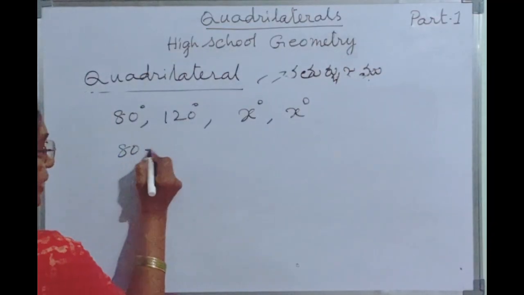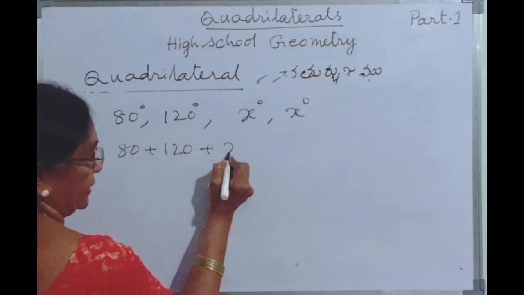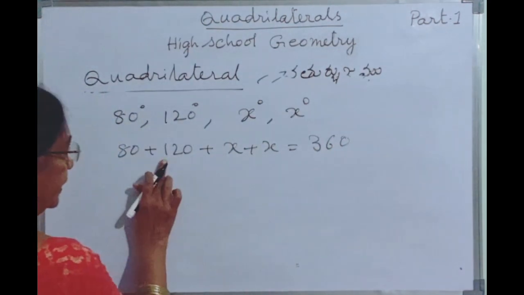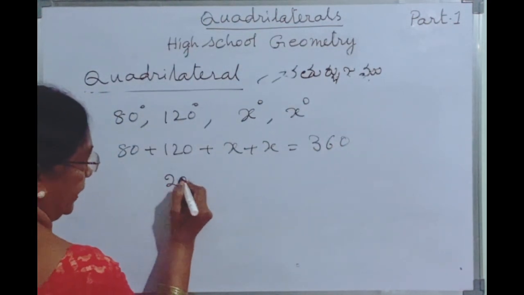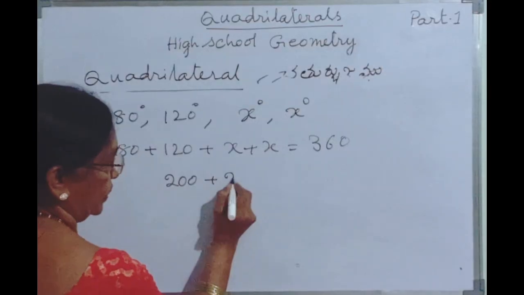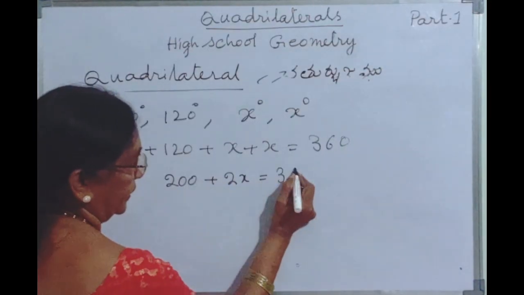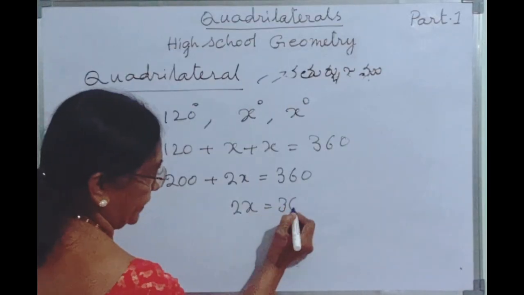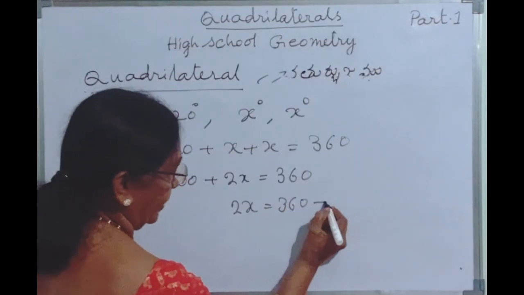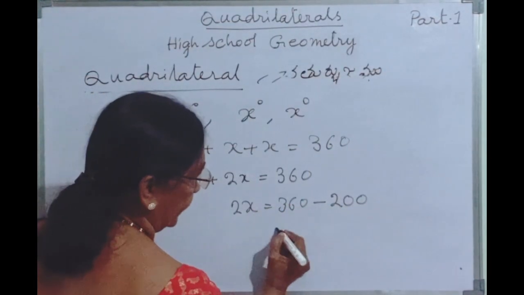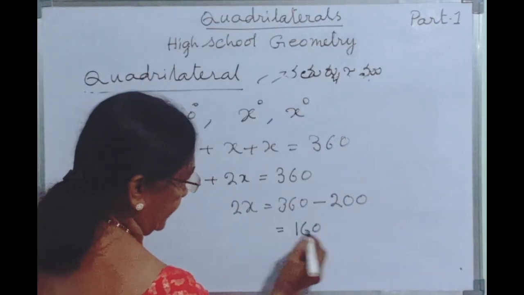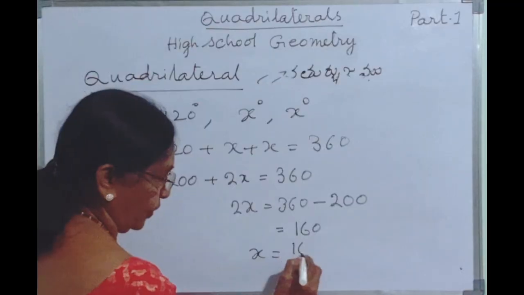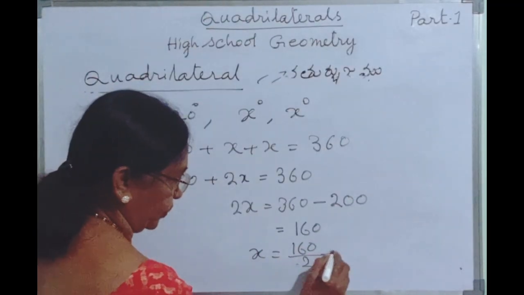Therefore, 80 plus 120 plus x plus x is equal to 360. 80 plus 120 is 200, plus 2x is equal to 360. Or 2x is equal to 360 minus 200, which is equal to 160. 2x is equal to 160. Therefore, x is equal to 160 by 2.